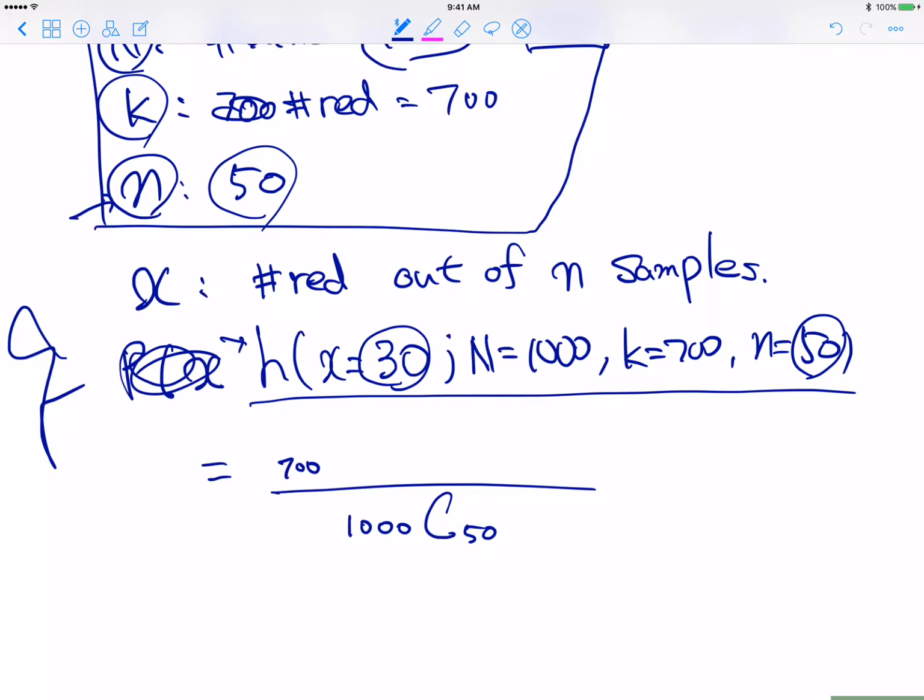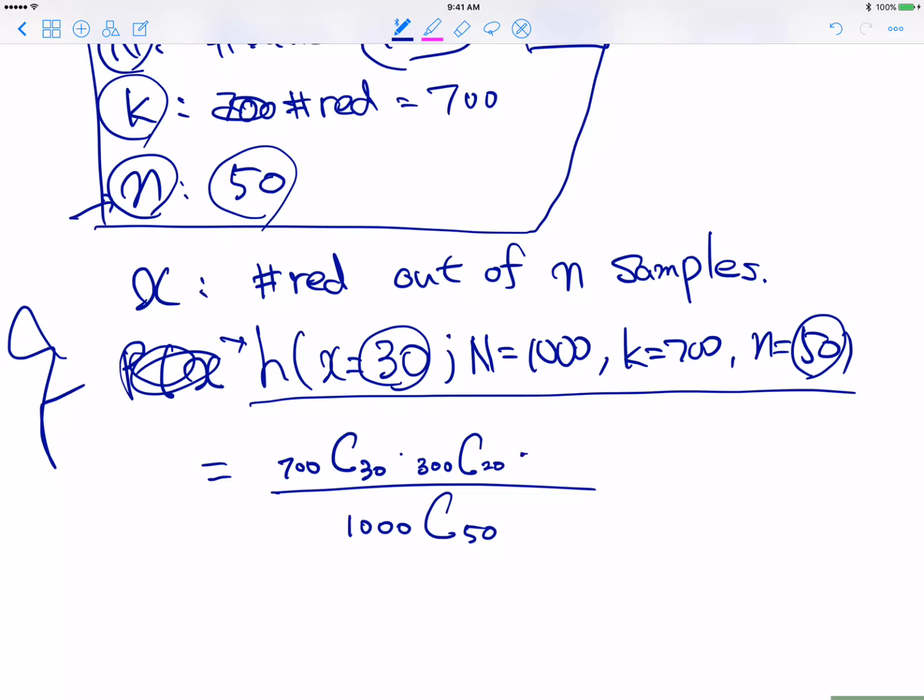So we have 700 red balls in total, and then we have to select 30 of them, right? And at the same time, we have 300 white balls, and we have to select 20 white balls, right?